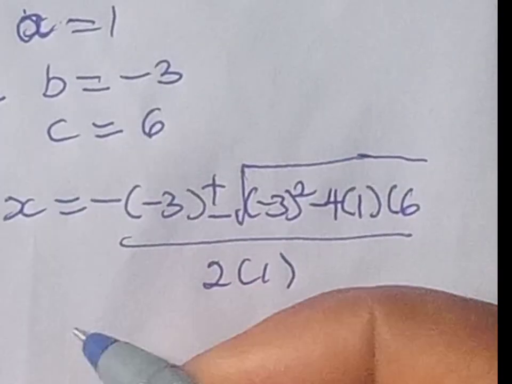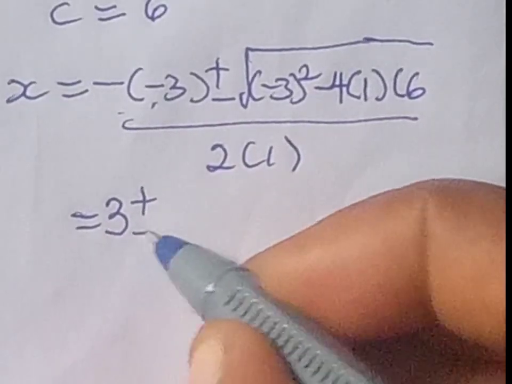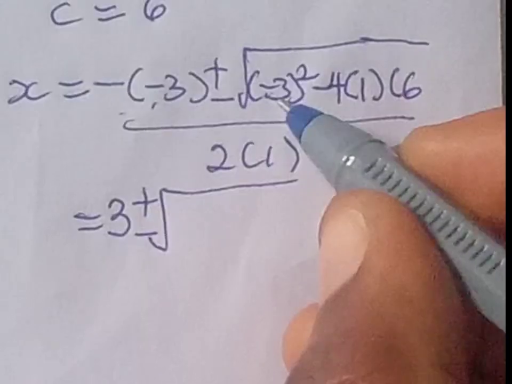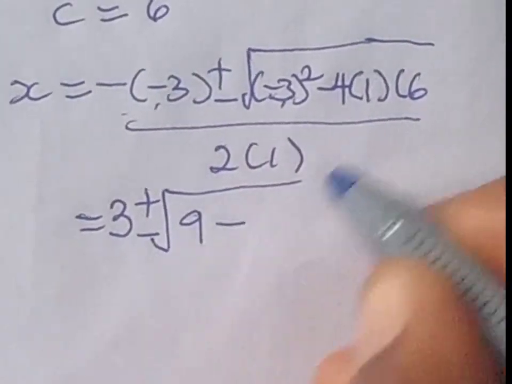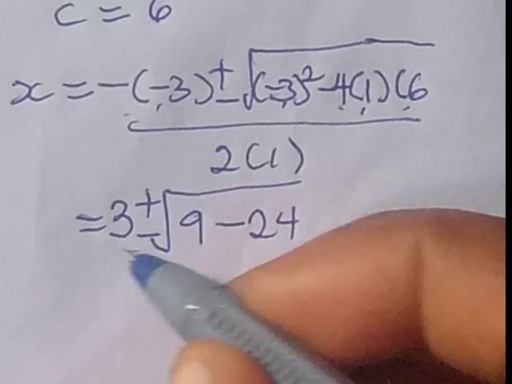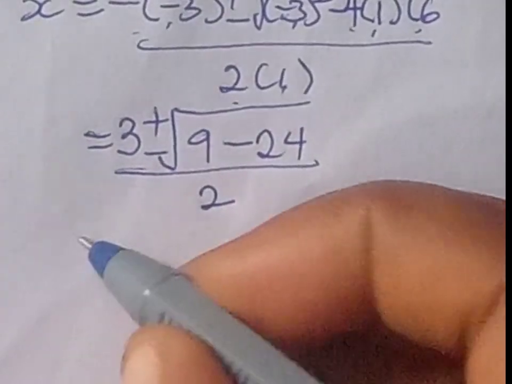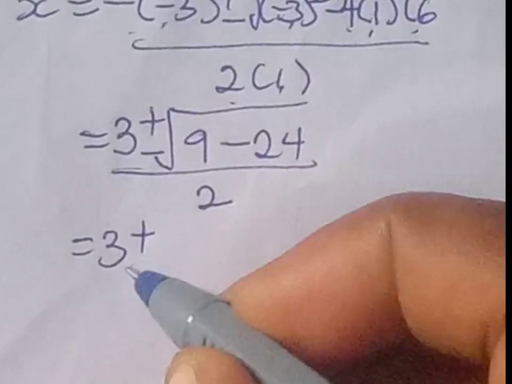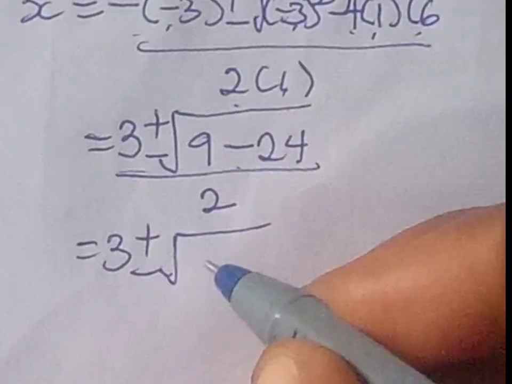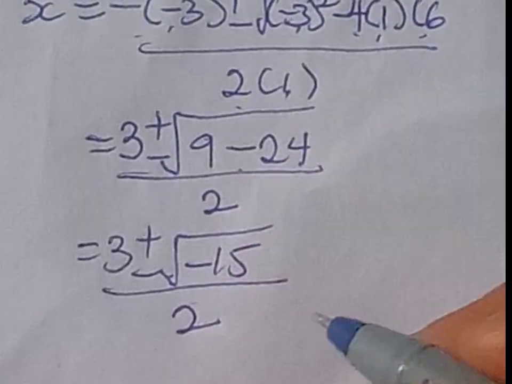So we have x equals, minus times minus is plus, so we have 3 plus or minus square root of minus 3 times minus 3, 3 times 3 is 9. So we have 9 minus 4 times 1 is 4, 4 times 6 is 24, divided by 2 times 1 is 2. Now let's simplify, which will give us 3 plus or minus square root of 9 minus 24, which will give us square root of minus 15, divided by 2.